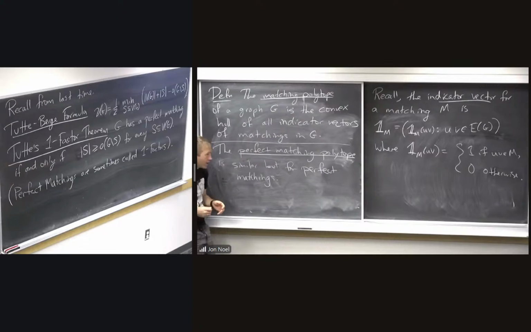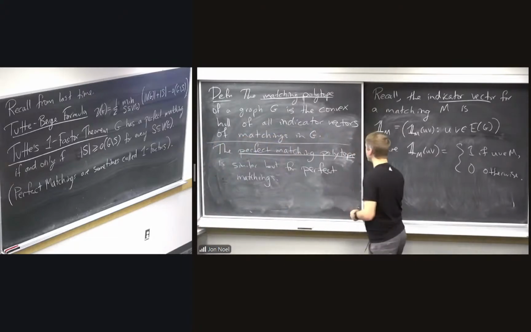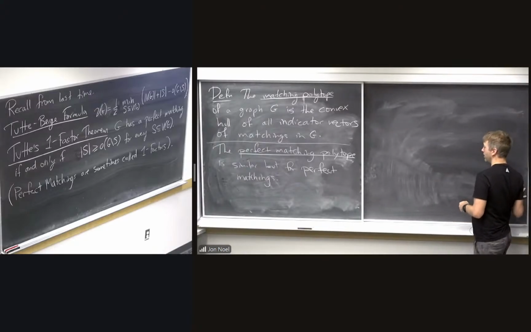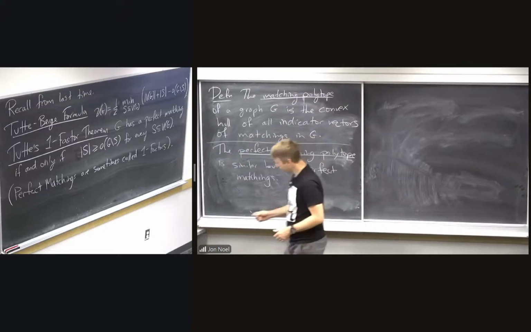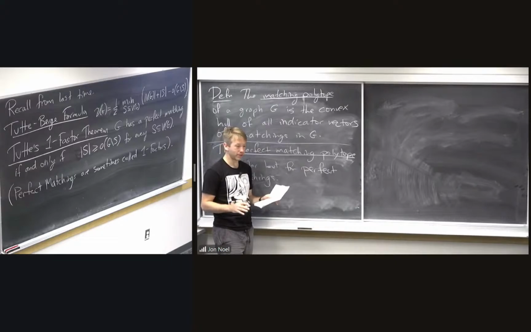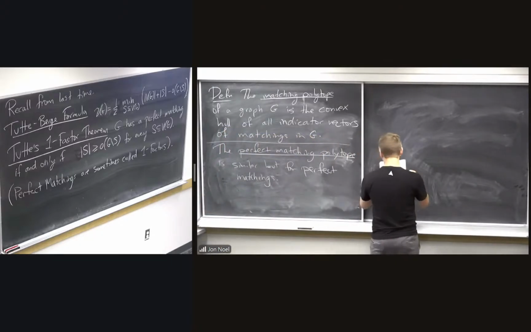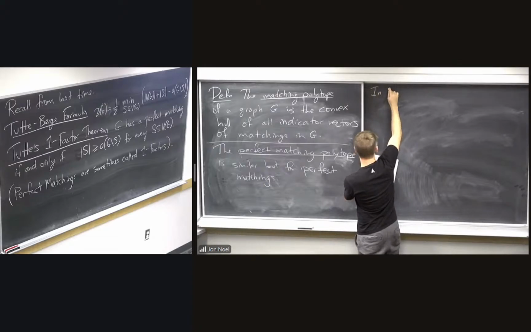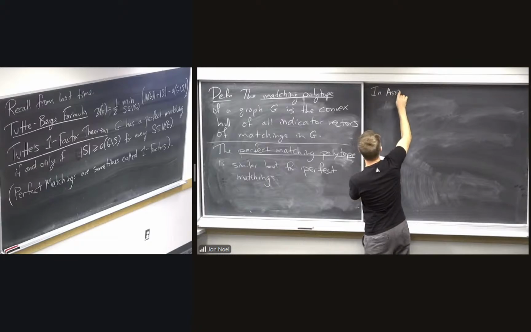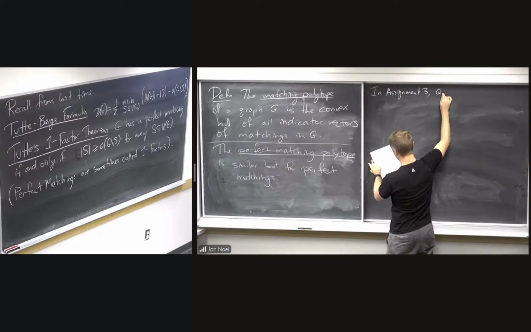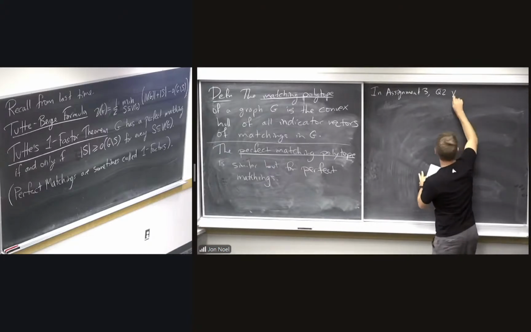So for bipartite graphs, these polytopes are really nice and really simple. We've already kind of seen this before, and where this is proved is assignment 3, question 2.